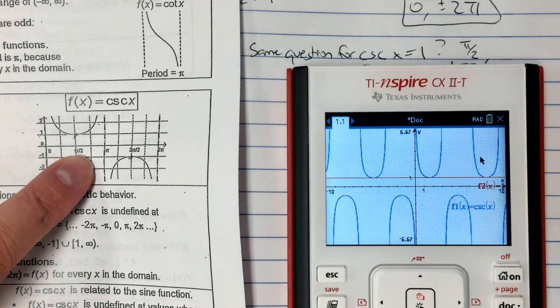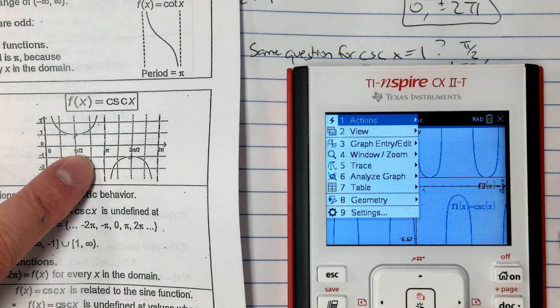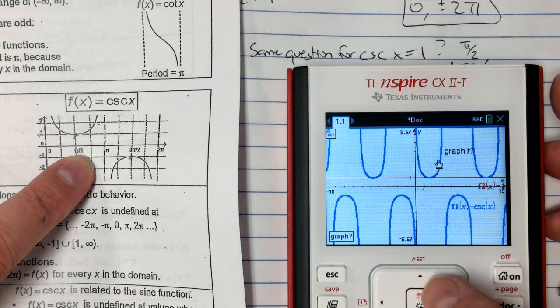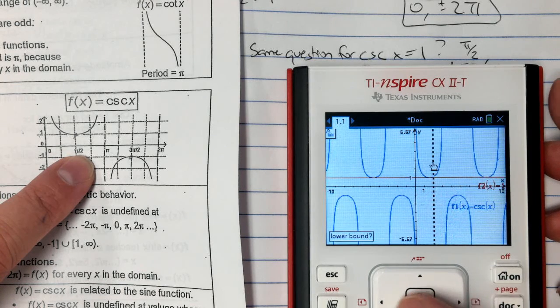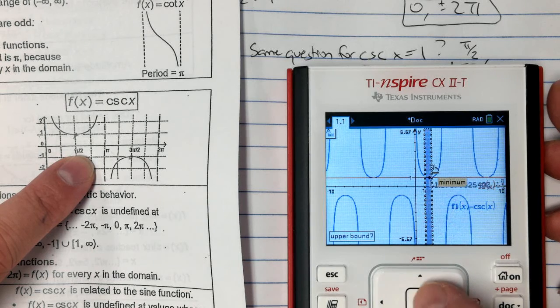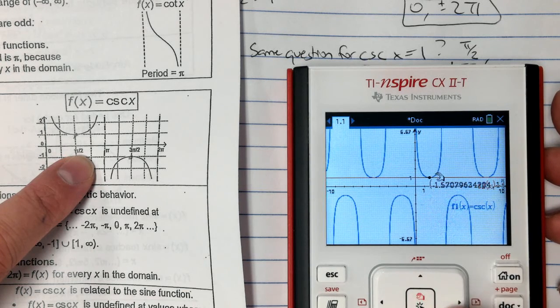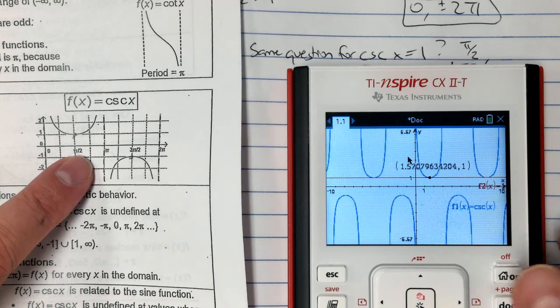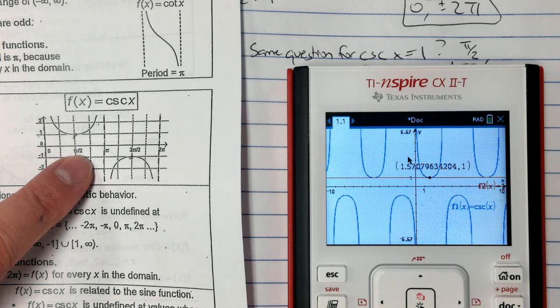Okay, let's check. Go to a minimum graph. So analyze minimum. I want to choose the blue graph and go from here to here. And that's where I see my 1.57. Let me drop that. And we also want the negative side.